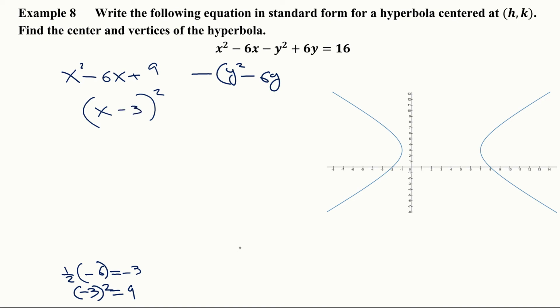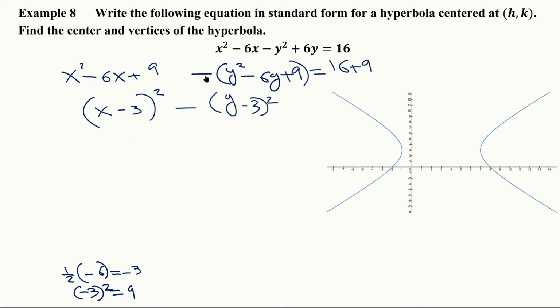Now, what do I need to complete the square here? Well, notice it's the same, so it's going to be a 9 as well, right? However, you have to be really careful. Here, I'm adding 9 to get this one, so I need to add 9 to the other side.